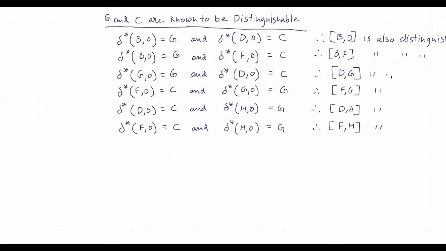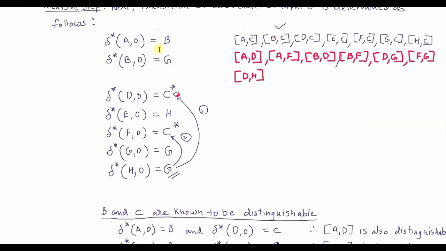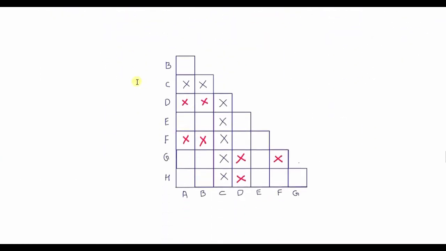So I will be adding this FH pair to the already existing list of distinguishable states, and I will be also marking F comma H cell in the table.